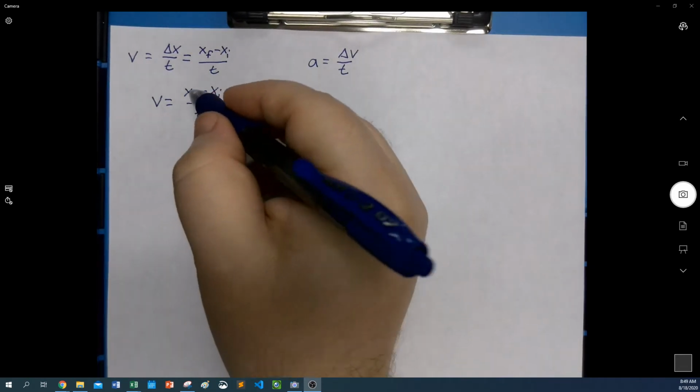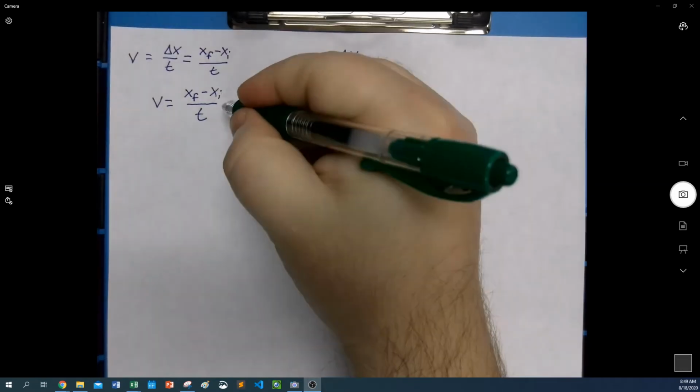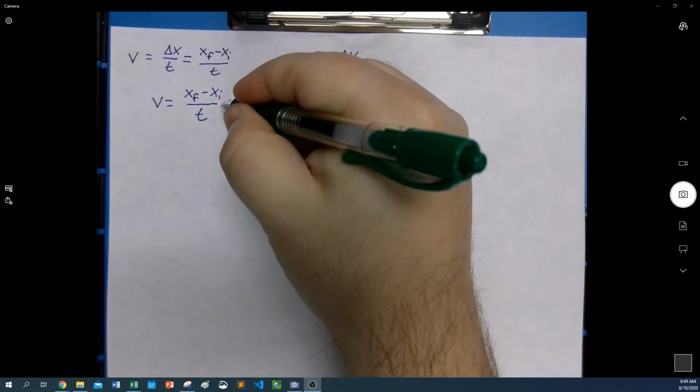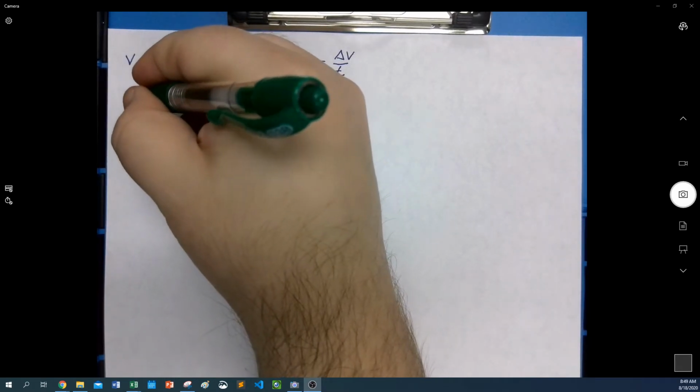Solving for xf, we first multiply t to both sides.